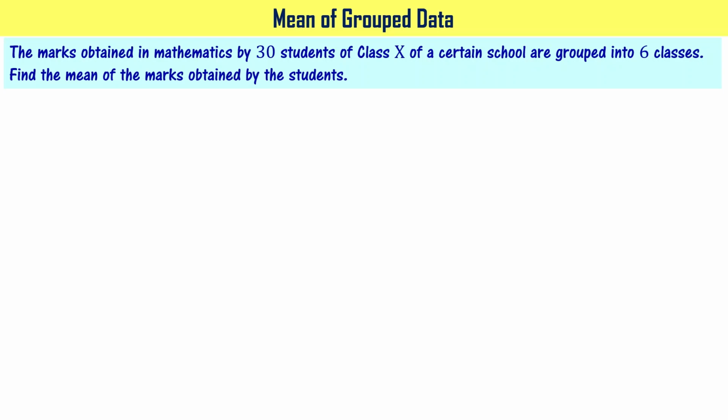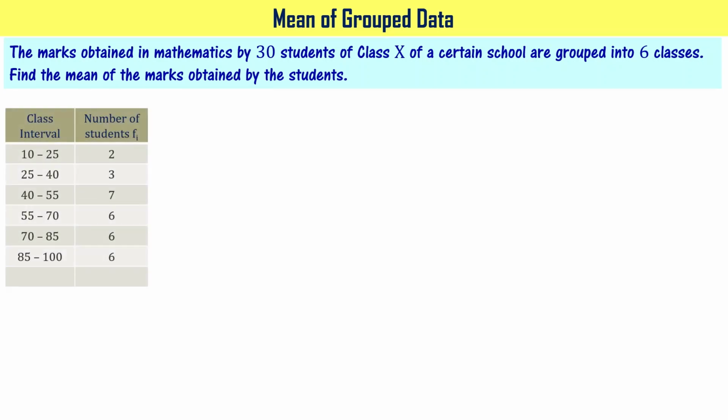Now let's learn about obtaining mean of this grouped data. We have grouped data of 30 students, marks of 30 students into 6 groups, right? The first class has 2 number of students, 25 to 40 class has 3 number of students, 40 to 55 class has 7 number of students, 55 to 70 class has 6 number of students, like that, right?